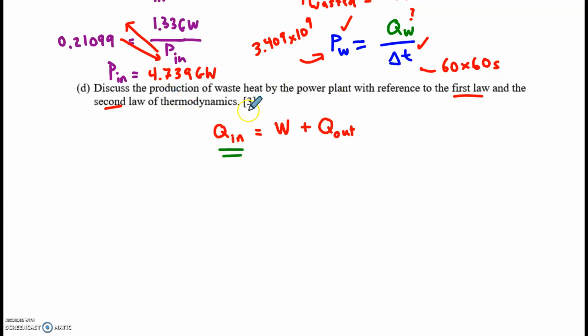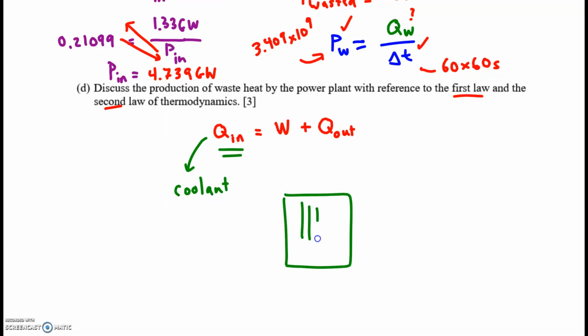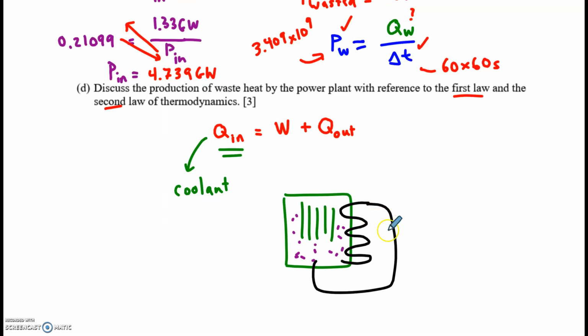When we're talking about a nuclear power plant, we give this to the coolant, right? That's the stuff that heats up because it's near the fuel rods. Here are the fuel rods. Here's the coolant surrounding it. And then the coolant travels through this heat exchanger, right? And then it kind of pumps back in, and it spins a turbine.